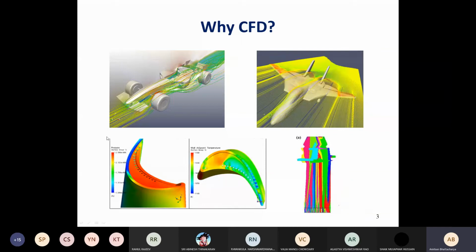Far away, the air velocity is 300 kilometer per hour from the point of view of the car. But if you take it too close, the flow velocity or the flow pattern gets modified because of the presence of the car structure, right?